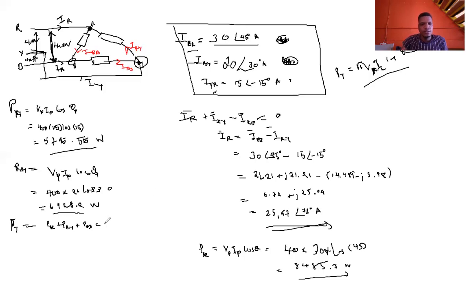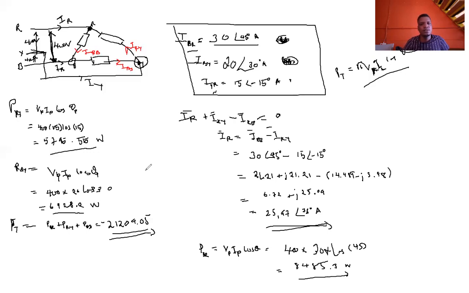You get a 21,209. So this is the power transferred to our load. The total power that has gone to this load, that was utilized by the load, is that much.